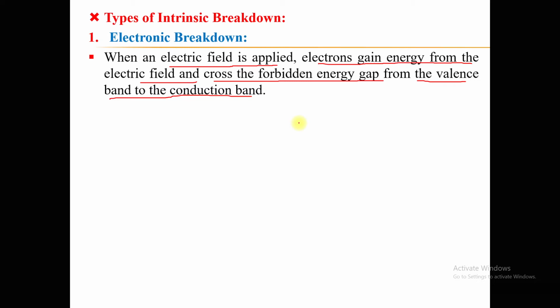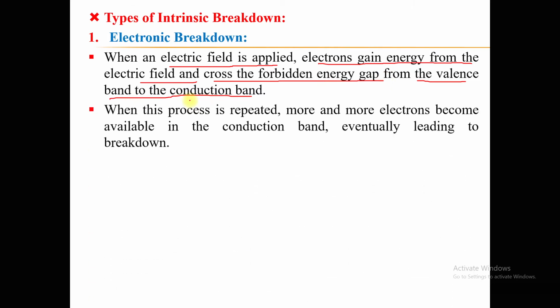As a result, they gain kinetic energy from the applied field and cross the forbidden energy gap from the valence band to the conduction band. When this process is repeated, it produces more and more electrons. Eventually, as the number of electrons multiplies, it will lead to complete failure.